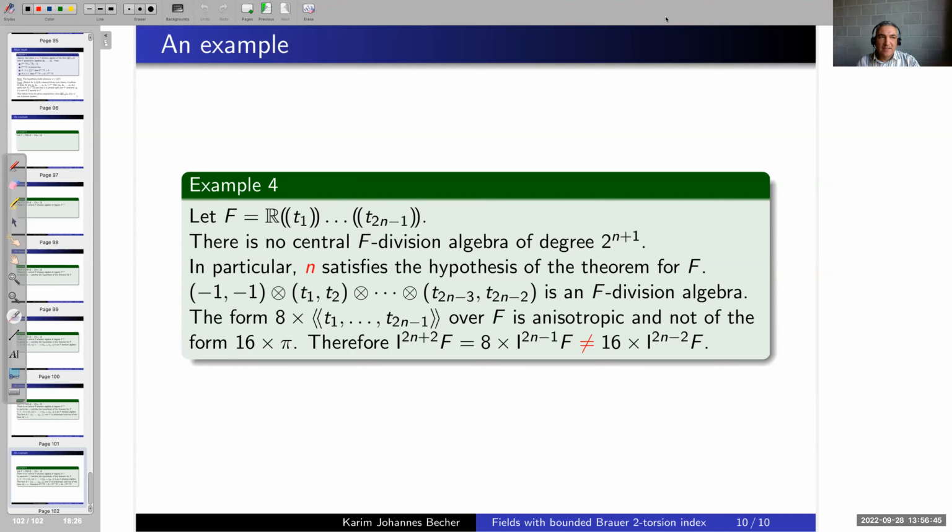Now, we should look at the split case because it's a quadratic form, and we can split our odd degree algebra. We could split by an odd degree field extension, but the trace form will not basically change a lot by Springer's theorem.